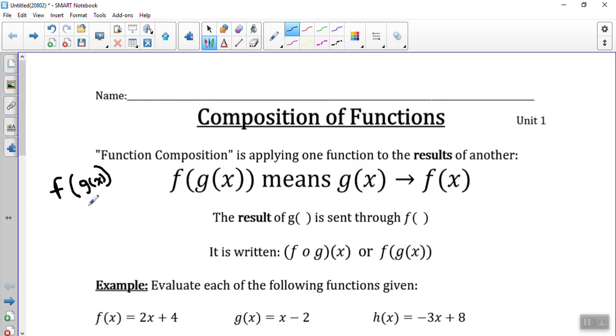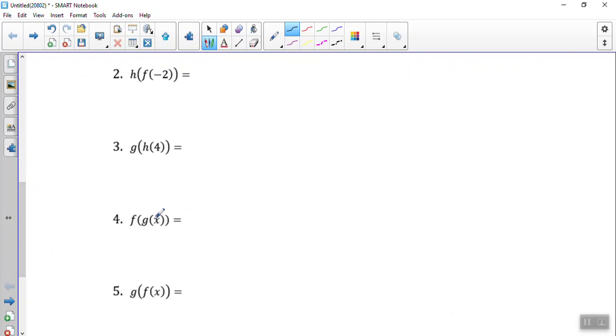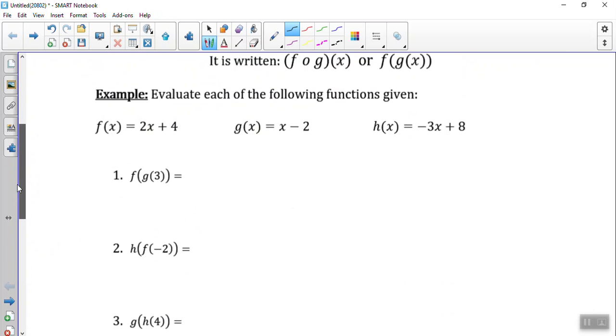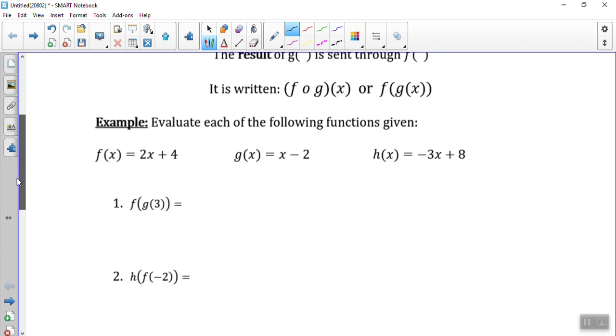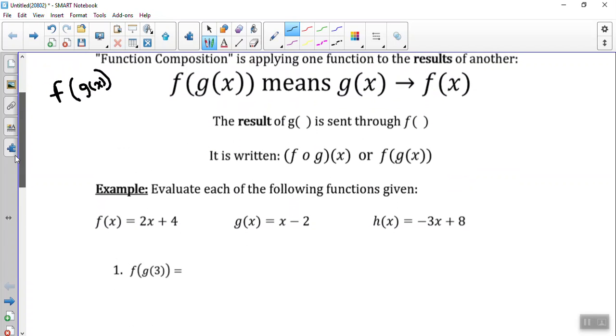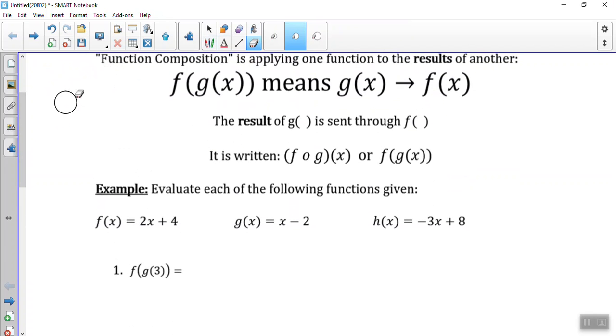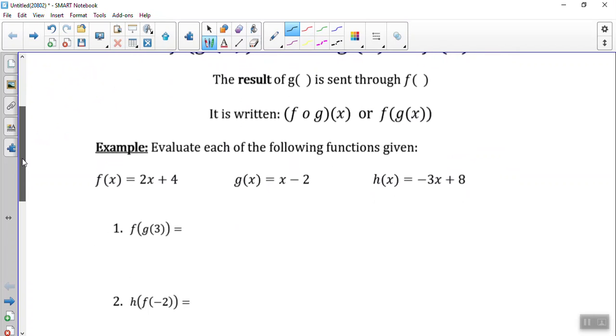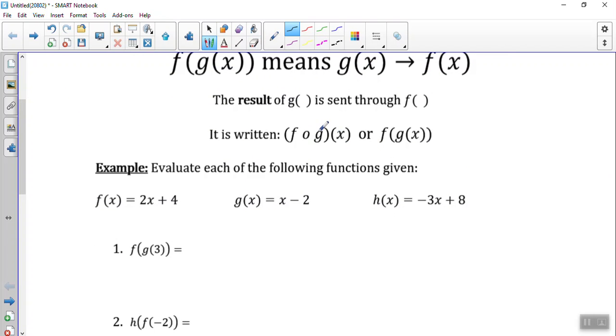Alright, so we're going to start with some easy examples and then we'll go to ones that don't have numbers, where we just have to simplify those functions. Sometimes you might see it written like this.